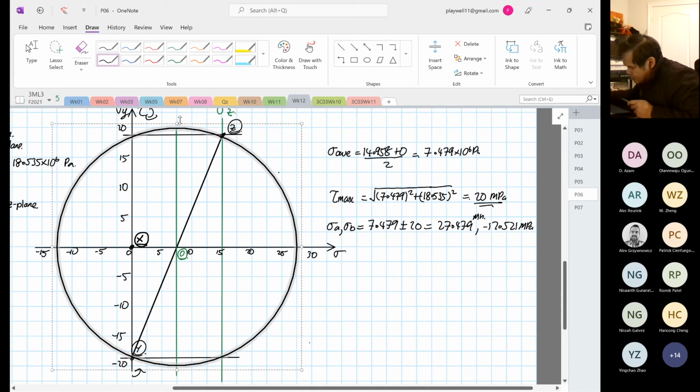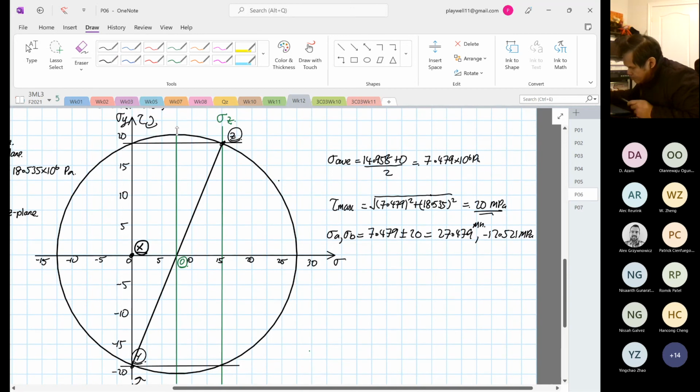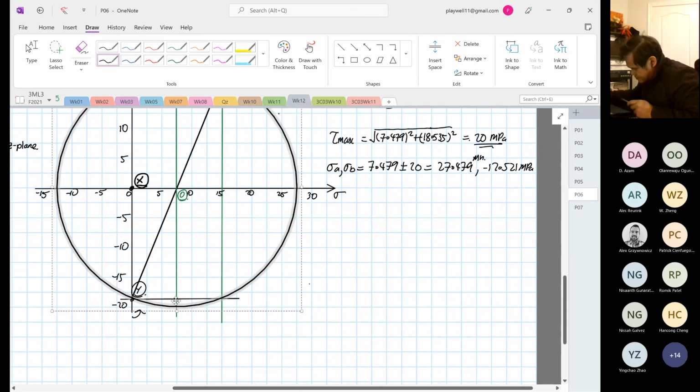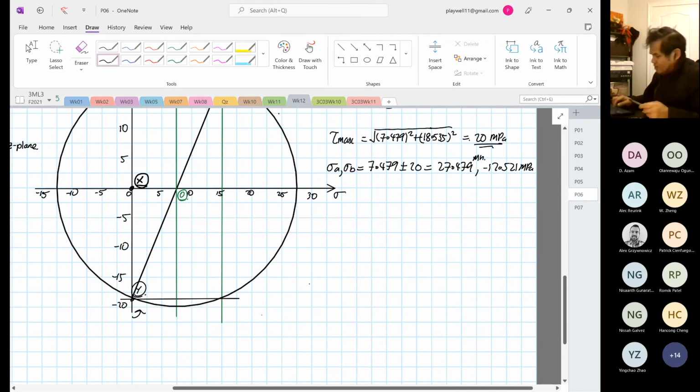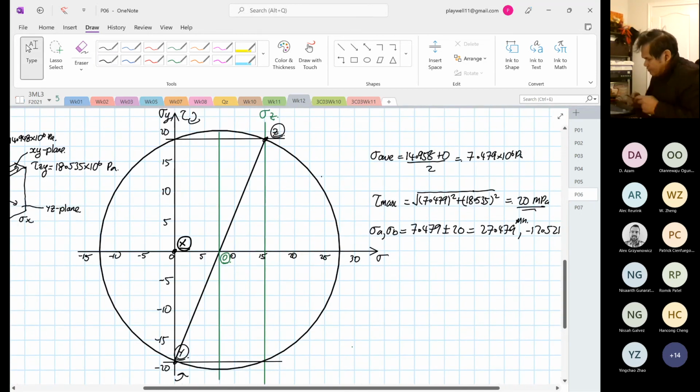Okay, so I need to make it to 20. Okay, and then you have to check. What do I mean that we have to check, right? So now we know that that is one circle, so that belongs to our YZ plane.